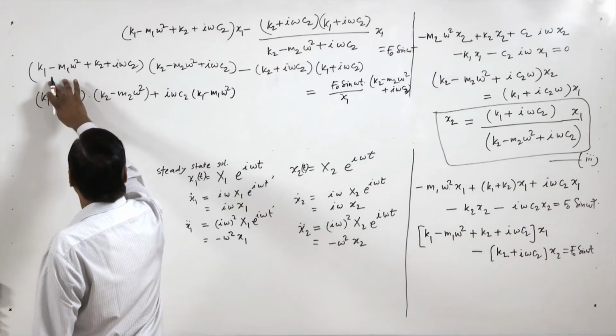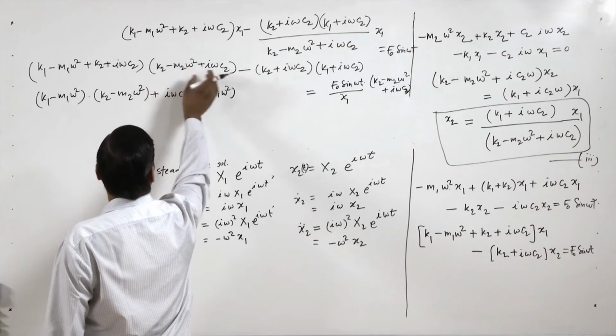So we multiply k1 minus m1 omega square with this and this.